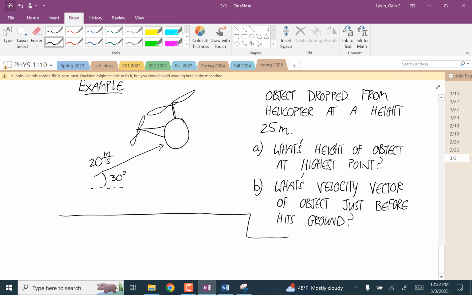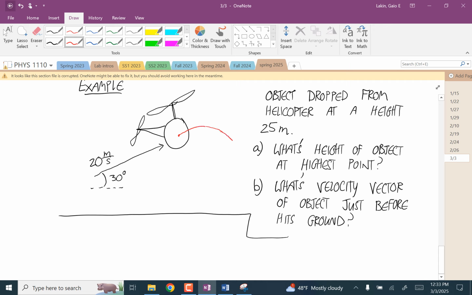Okay, so the first question here is, does part A even make sense? We're talking about dropping this thing from a height of 25 meters. If you just drop this thing out the window, isn't it just going to go straight down from there? Right, the answer is, it has the same effect as this thing being launched with the velocity of the helicopter, okay? And so this object starts here, but it's actually going to follow a parabolic path like that.